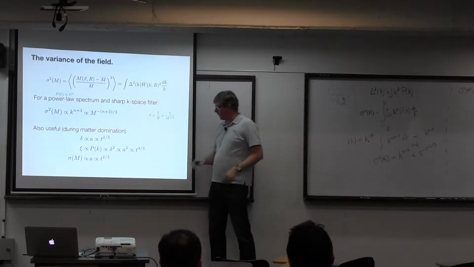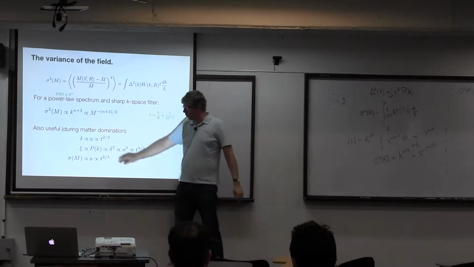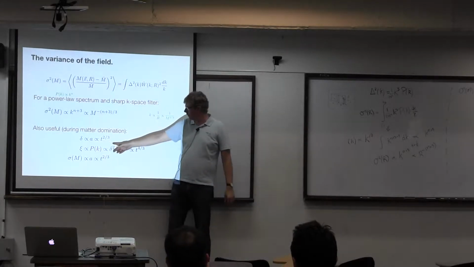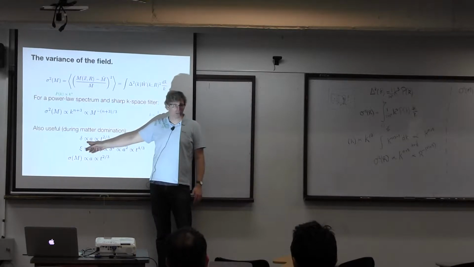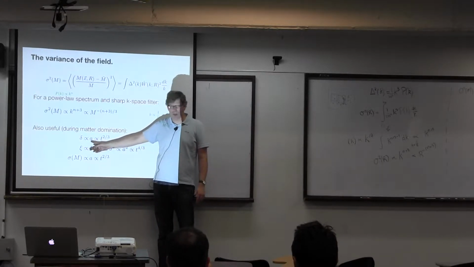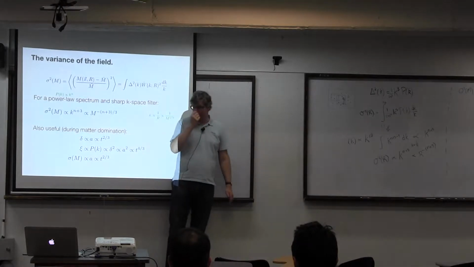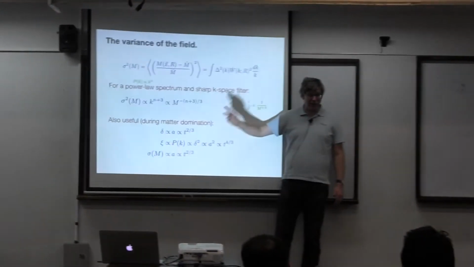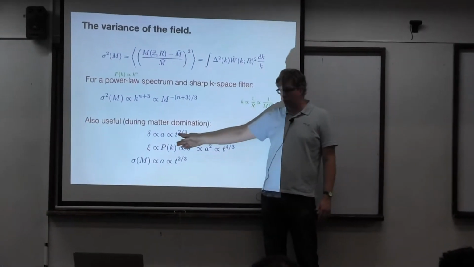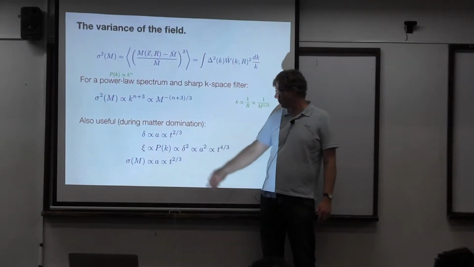So there are some other scaling relations. I'm not going to write them all down, but you can remember that during matter domination, the overdensities evolve proportionally to A. We did that before the break several times. And A in the matter-dominated era, that's what we did in the morning, is proportional to time to the 2/3.